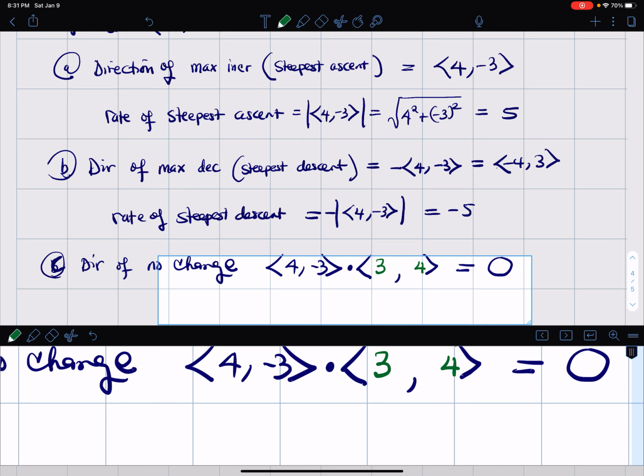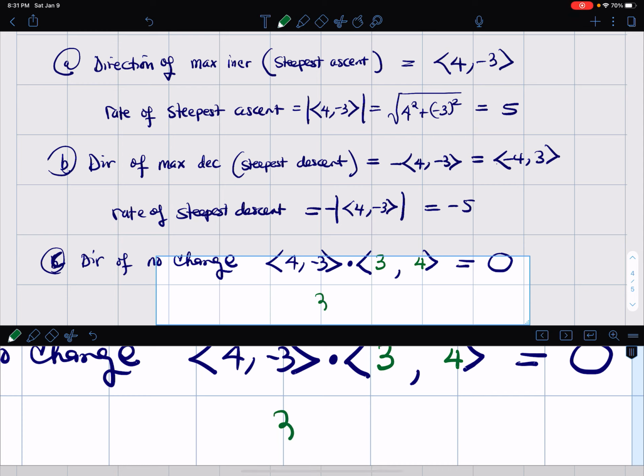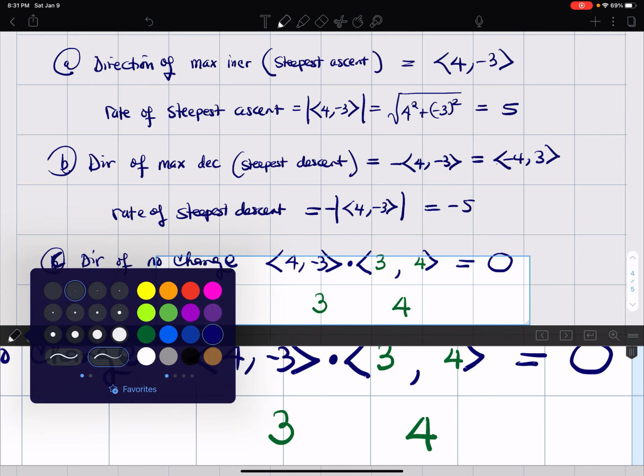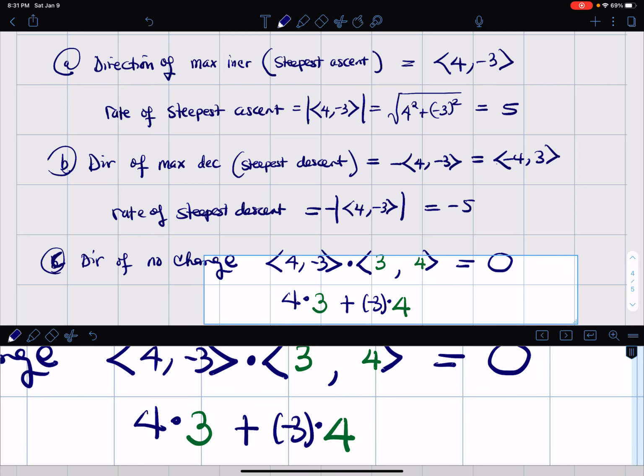I have 4, negative 3. Just leave it at 4 and 3. I just want to get 0. So we have 4 times 3 plus negative 3 times 4. This will give us 0, right?